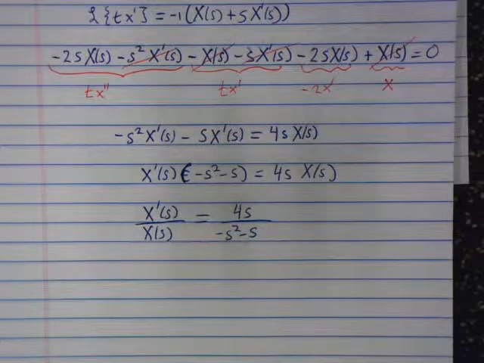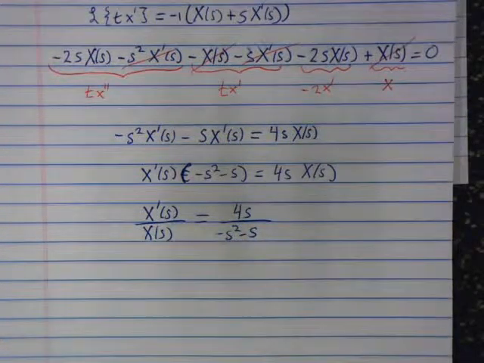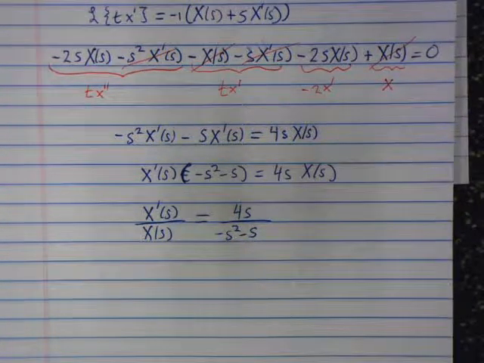What did I just do? Well, I divided by the x of s and I divided by the minus s squared minus s. But why is that important? It's a separation where you take the derivative or something.